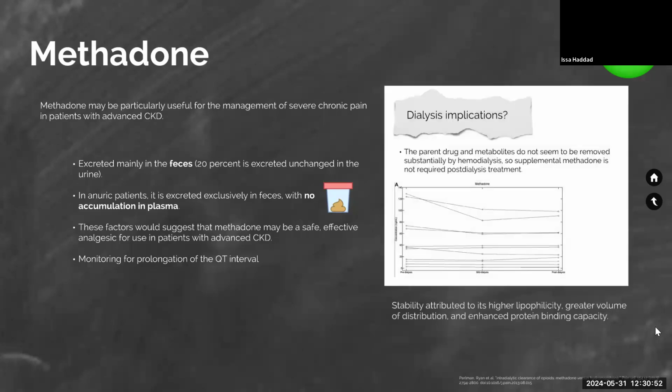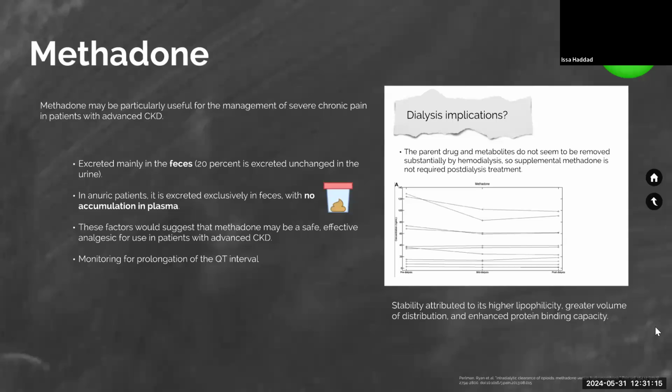Now, how about dialysis implications? For every medication I try to touch base about dialysis, because many of our patients are dialysis patients. So this medication is different. And as you can see, the parent drug and metabolites, it's a flat line, do not seem to be removed substantially by hemodialysis.